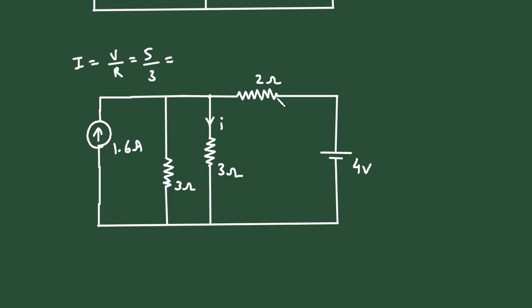Similarly, here when we are converting this voltage source to a current source, this 2 ohm resistor will be in parallel, so it will be of 2 ohm.